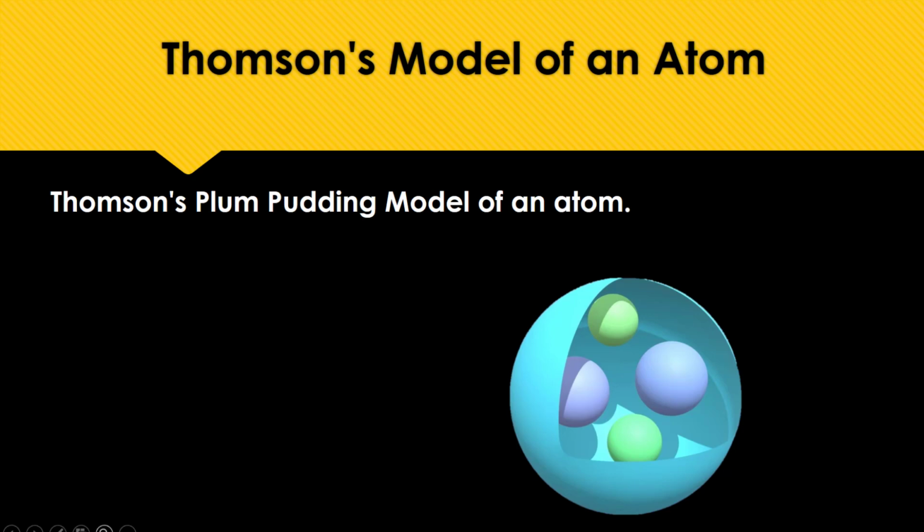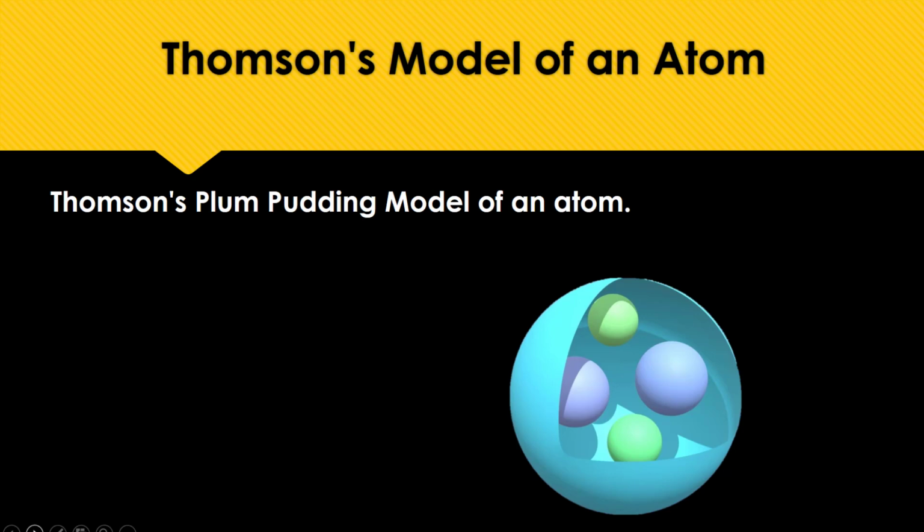In this model, he described that the total positive charge of an atom was equal to the total negative charge of the electrons. This theory also says that an atom would be negatively charged if it gains electrons and positively charged if it loses electrons. So, study about these things, like the formation of ions.